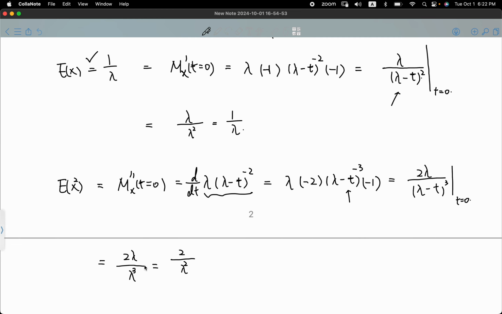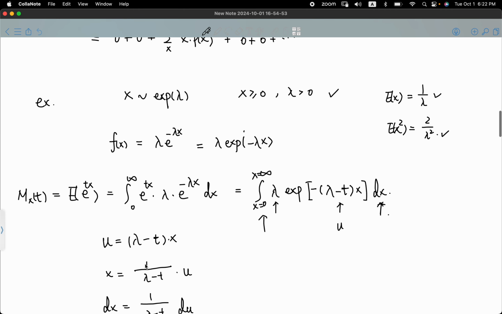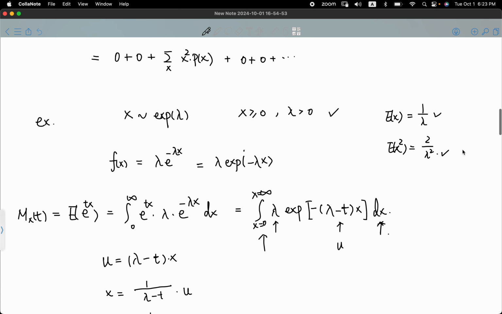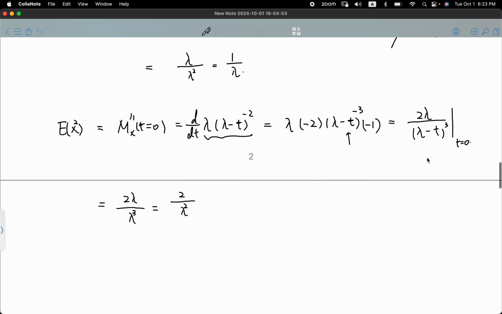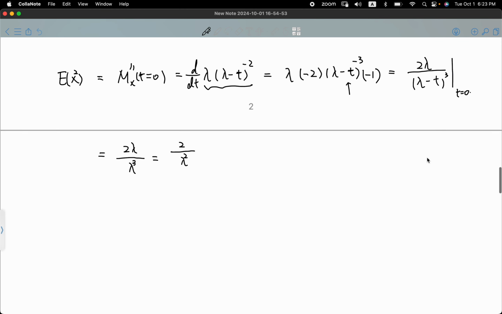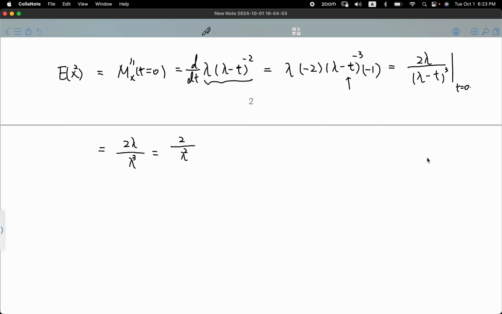I think this is also the solution that we have here. So both of them check out. So when you use the homogeneous function and then take derivatives at t equal to 0, you will also get the moments. Any question or comments?